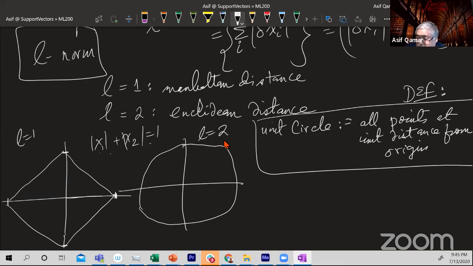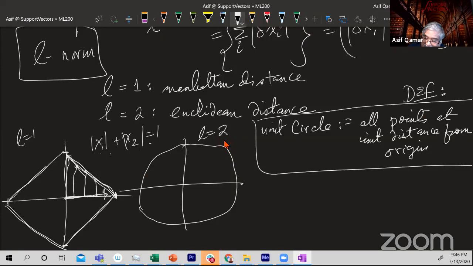You can go unit distance in this direction, or unit distance in that direction, or halfway here and halfway up, or 3/4 way over and 1/4 way up, or 1/4 way and 3/4 way up. But ultimately, if you are a taxi driver with gas in your tank for only 1 unit distance, this is the envelope of how far you'll travel.